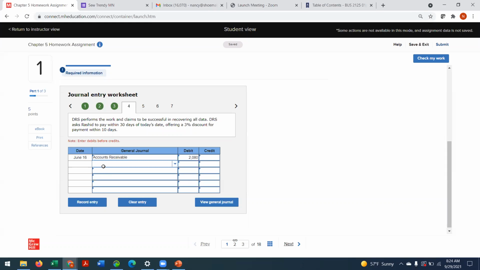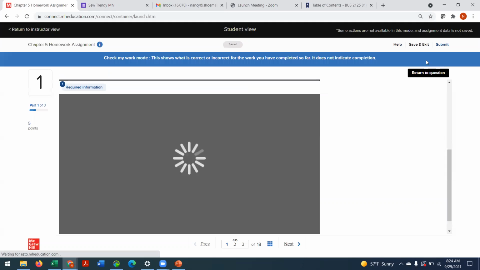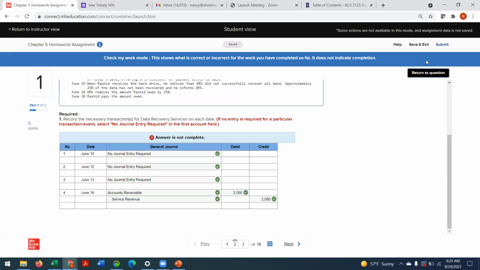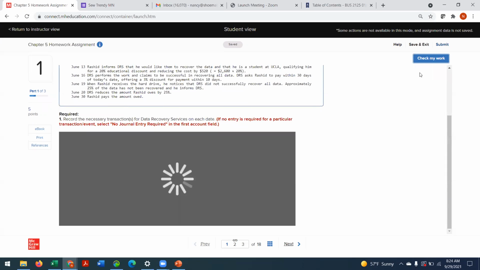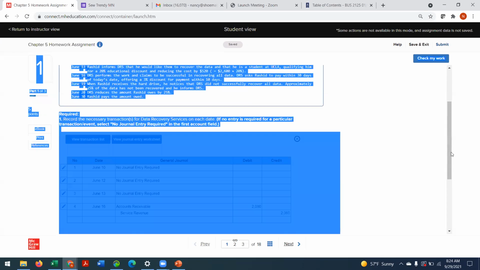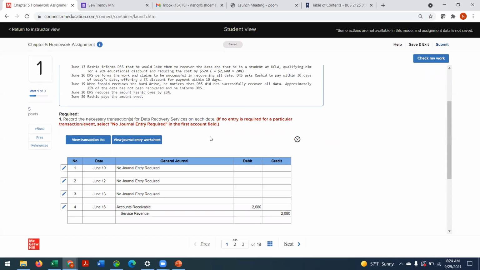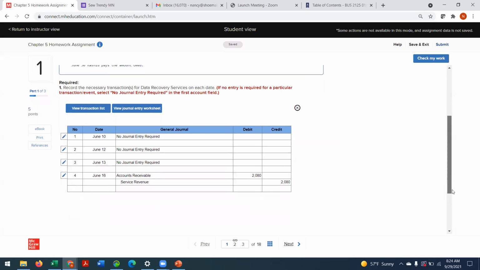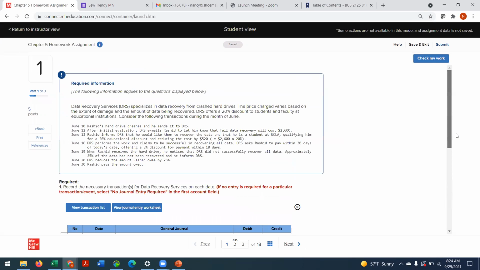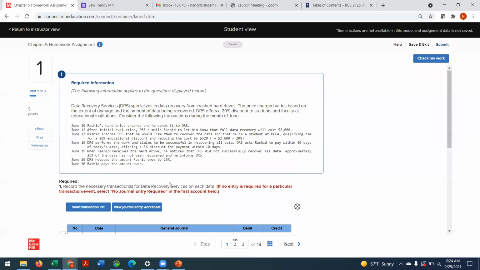And we would show a service revenue of 2,080. Make sure my work is right. You got it. Okay. So moving on. We would record a journal entry on that event.